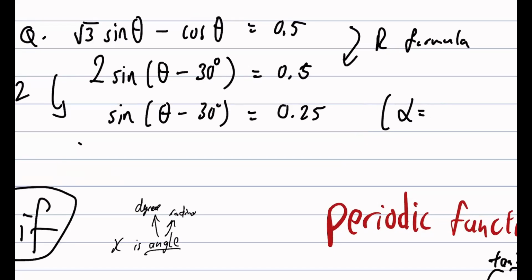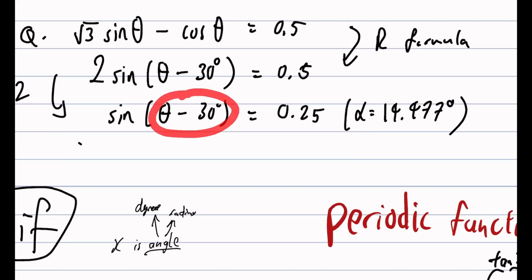Actually, it doesn't matter. You can just find the answer in degrees. So that would be sine inverse 0.25, 14.477 degrees. Right? And this 0.25 is positive, so therefore the angle inside must be in quadrant 1 or quadrant 2.